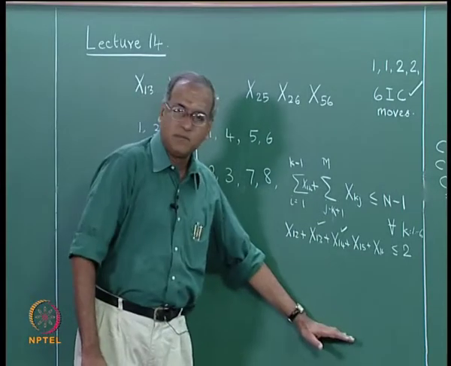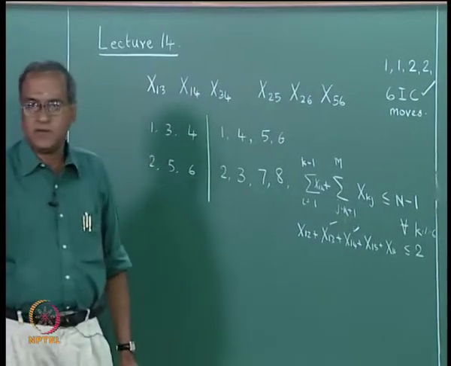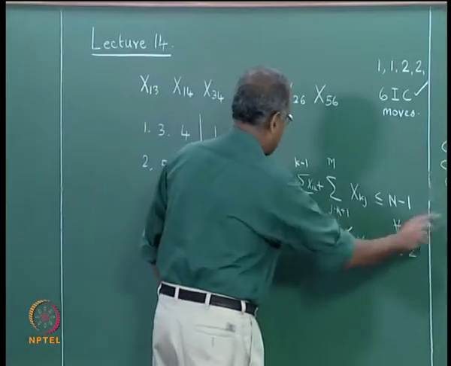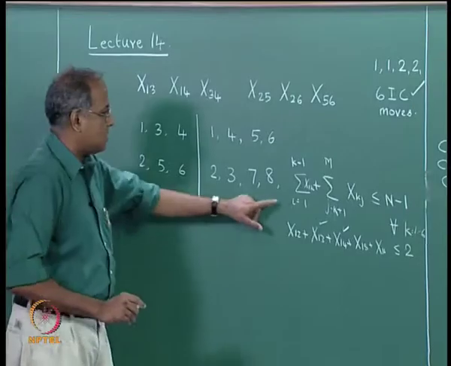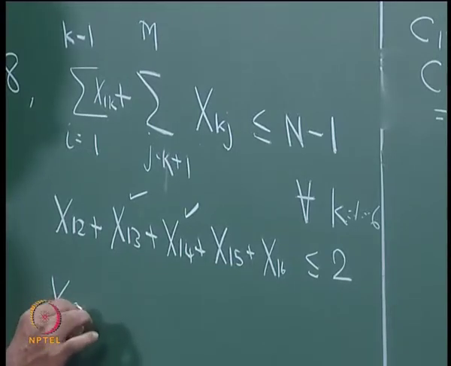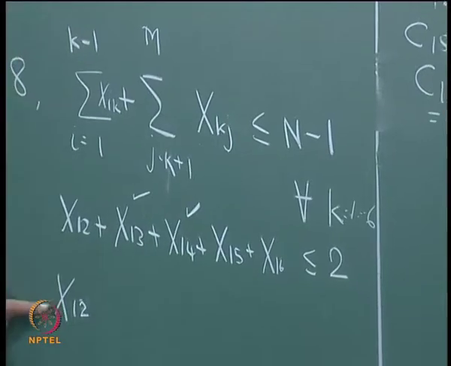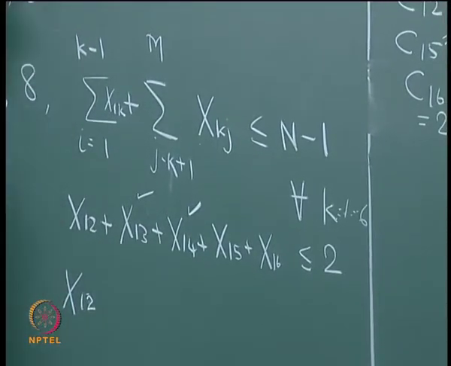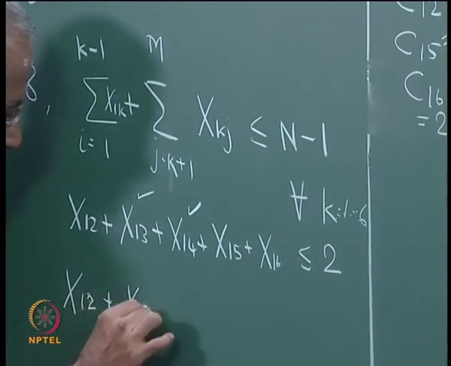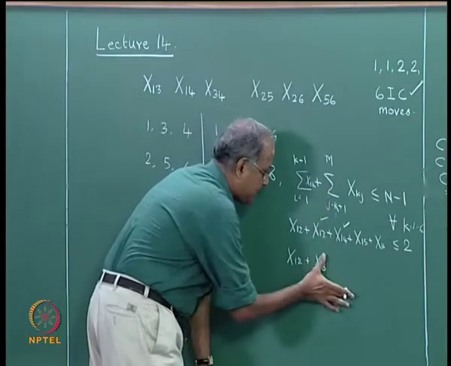Similarly, we can explain. For example, let us write just that equation for k equal to 3. When k equal to 3, the sum over i equal to 1 to k minus 1 will be x12 plus x34, and then the sum over j from k plus 1 to m.